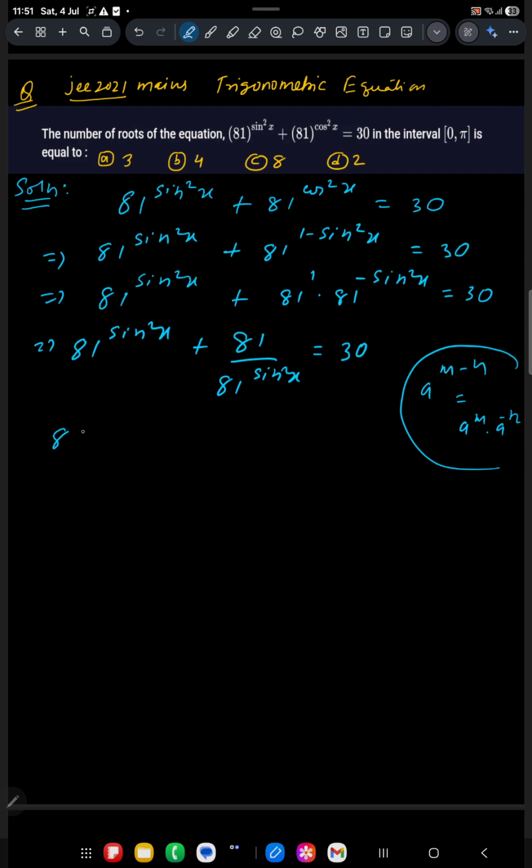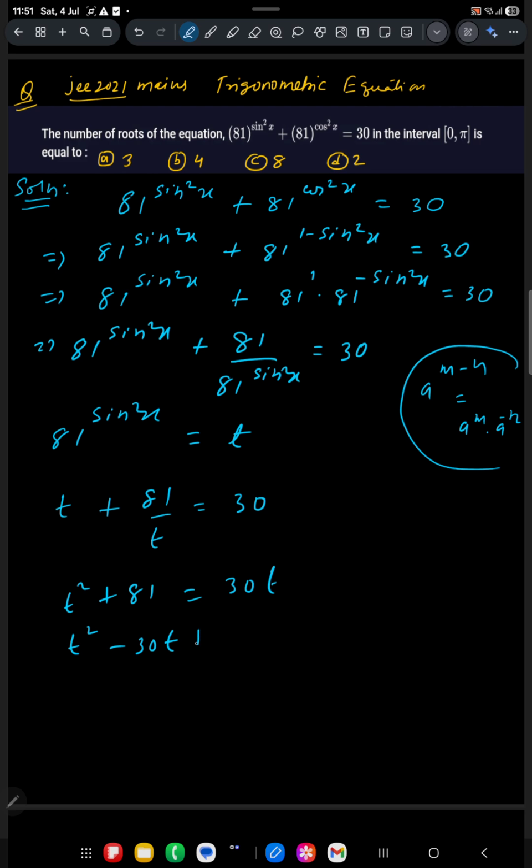Now we will assume 81 raised to the power sin square x as some variable, say t. So we have the equation t plus 81 upon t equal to 30. This gives t square plus 81 is equal to 30t, which in turn gives t square minus 30t plus 81 equal to 0.